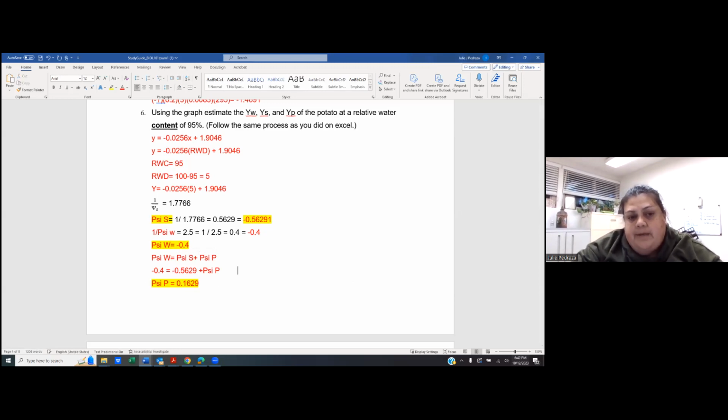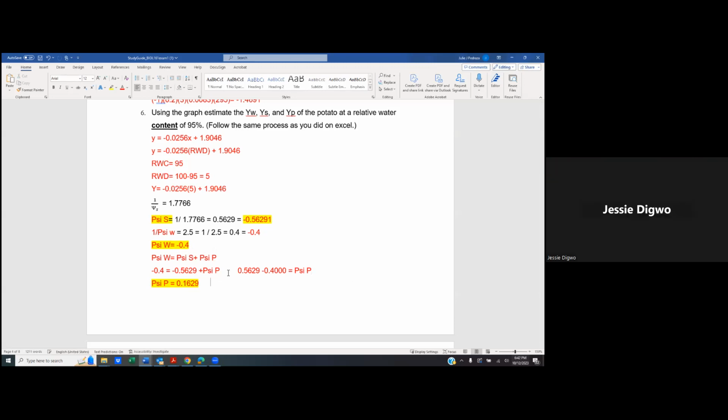So then it winds up being 0.5629 minus 0.4, because water potential is negative, equals psi P. When I subtracted those two numbers, it gave me that one. Okay, correct. Okay, cool.